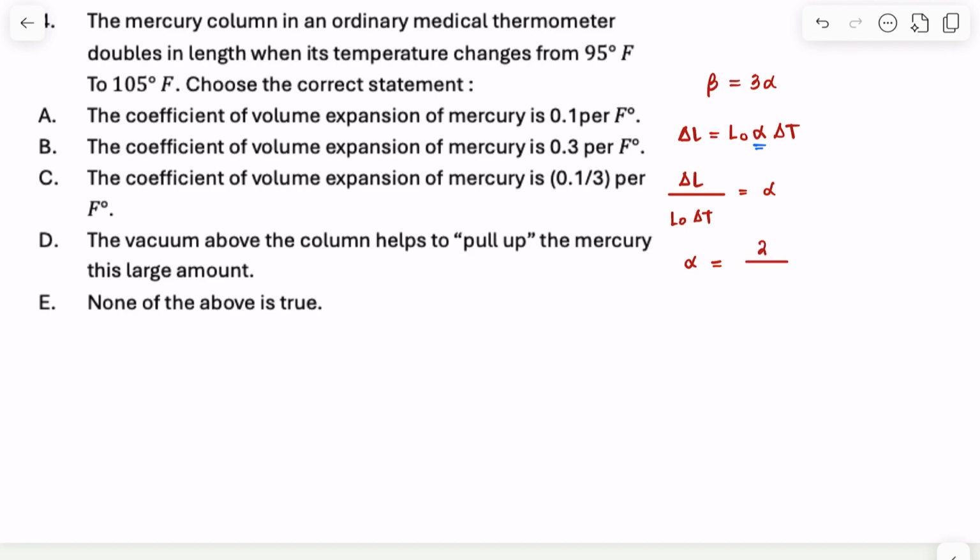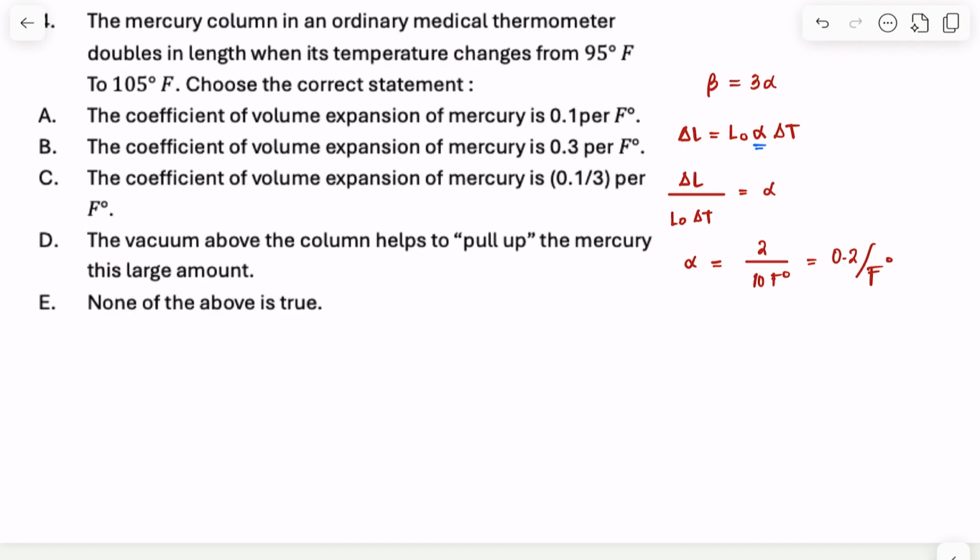And delta T, the final temp, 105 minus 95, will give you a 10 Fahrenheit degree change. So 2 over 10 is 0.10, I guess. Let me just check, 2 divided by 10. Yeah, sorry, 0.2. So this will give me 0.2 per Fahrenheit degree. So we're now ready to check which statement fits what we had just calculated.